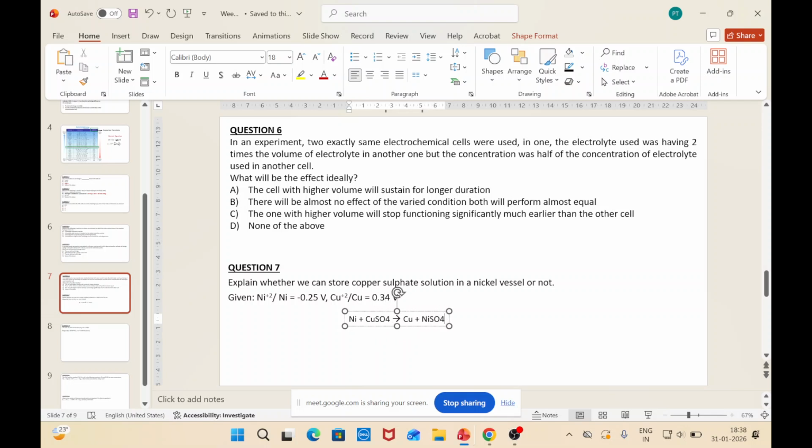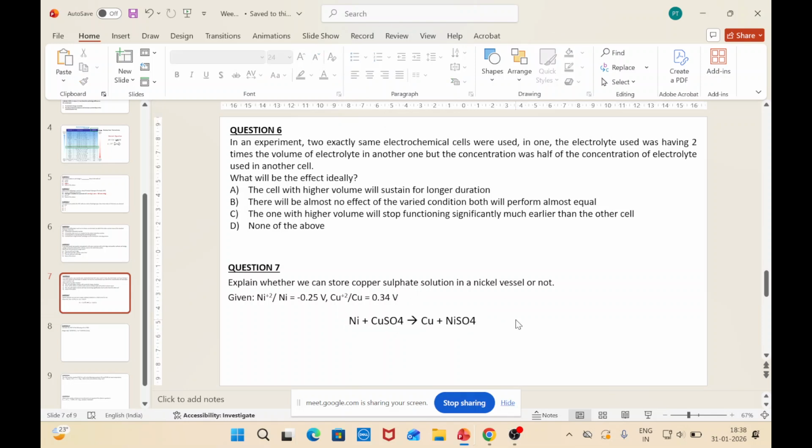So the question is whether this reaction will happen or not. Now it's up to you to tell me whether this particular reaction is going to happen or not.